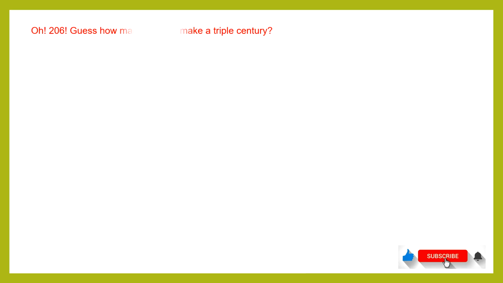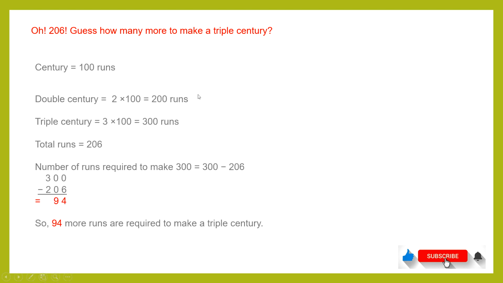Double century means 200 runs, exactly 200, no more no less if it is a complete double century. If it is a complete triple century, then it is 300 runs or 300 number, exactly 300.